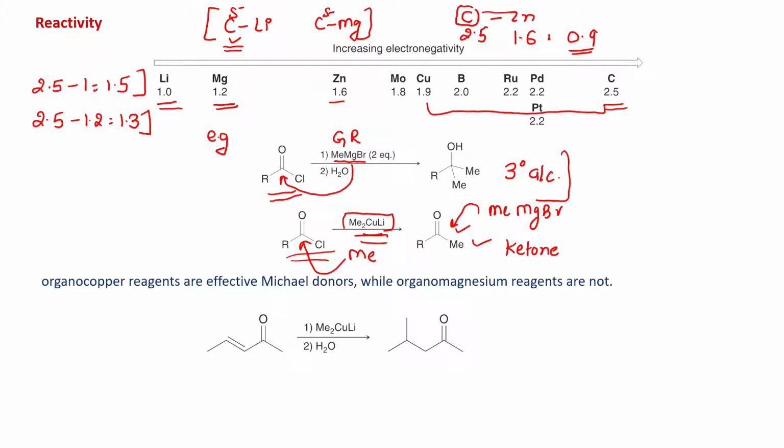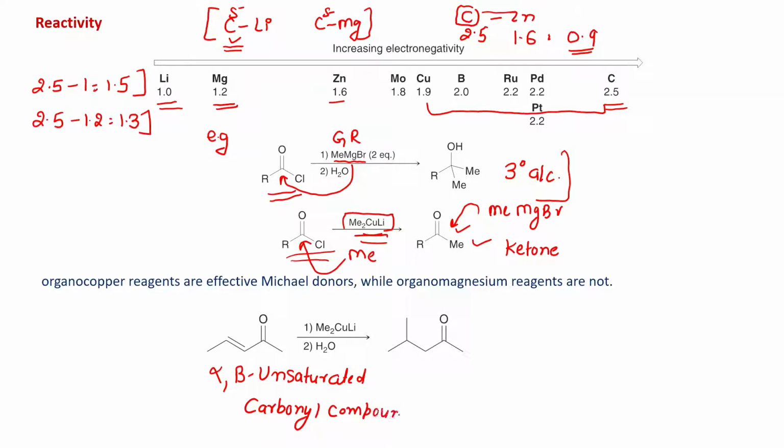Another example we can take, this is an alpha beta unsaturated carbonyl compound.